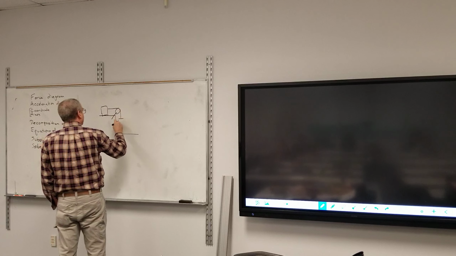So weight 1, weight 2, and we assume ideal rope. All right, now what? When you have tension, there's a rope there. So which way is tension acting?